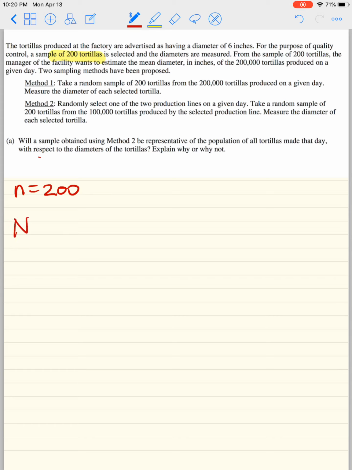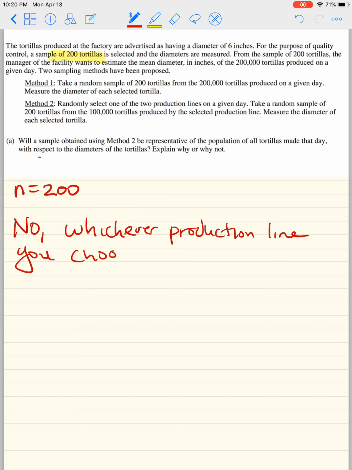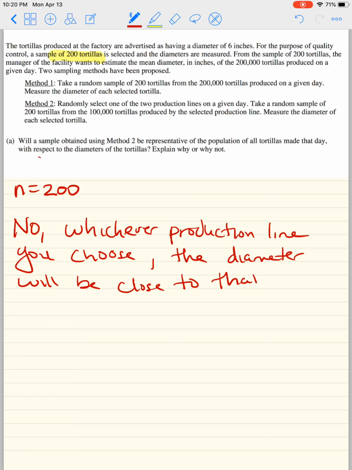So that answer is no. And I'm not going to write everything, but I'm going to say whichever production line you choose, the diameter will be close to that mean.